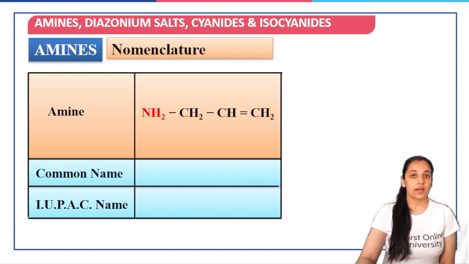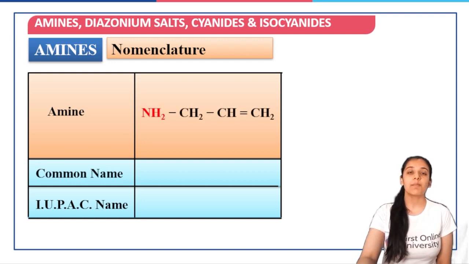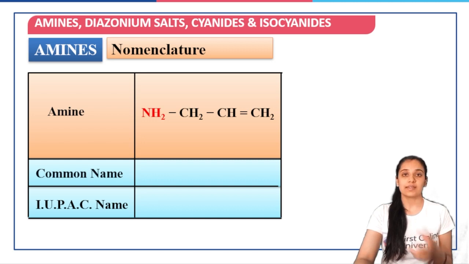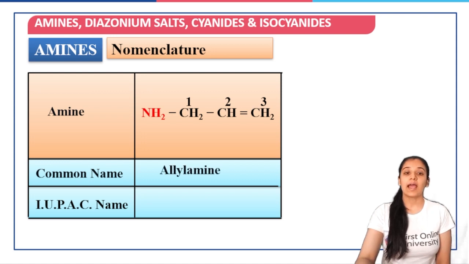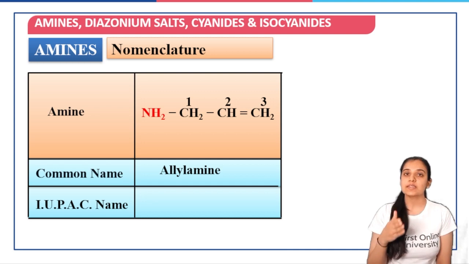Next is again a primary amine, but there is some unsaturation present in the compound, and therefore the name is going to be different. The common name of it is allylamine, because this is the allyl group. If you remember, we also discussed allyl alcohols, and whatever we discussed remains the same here.